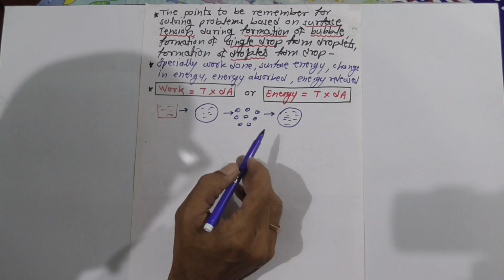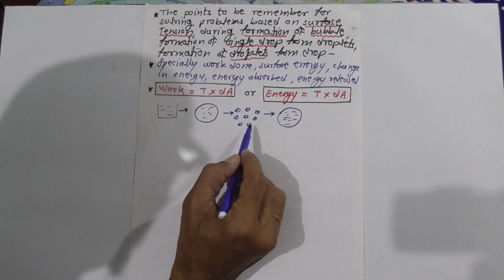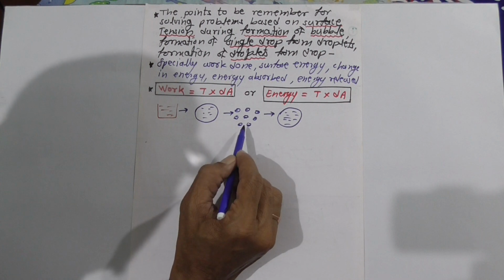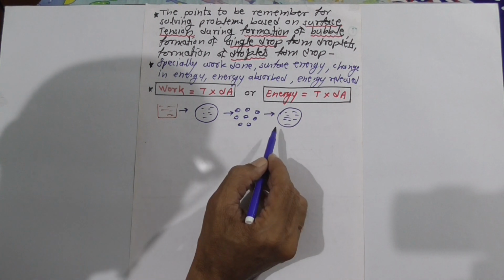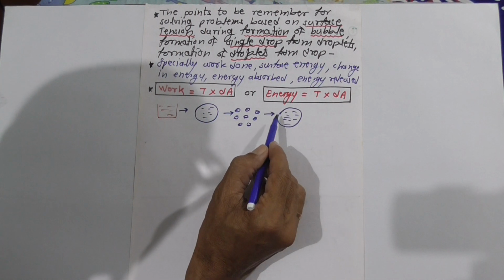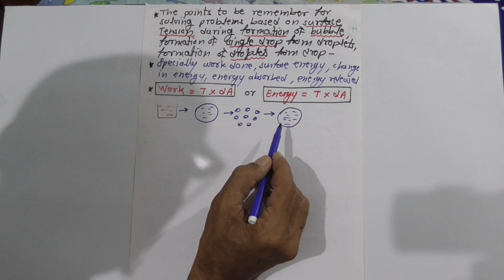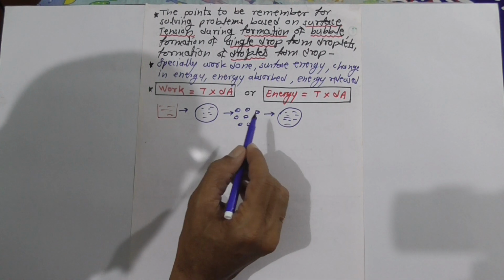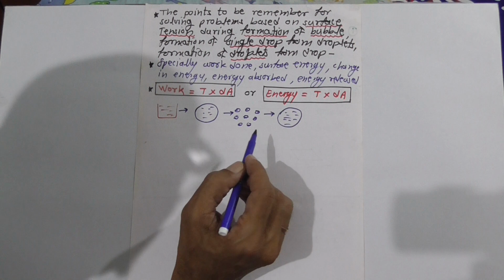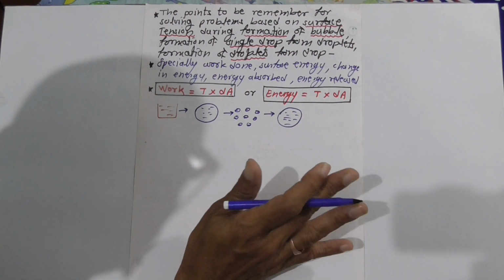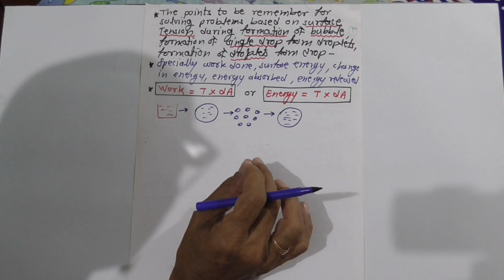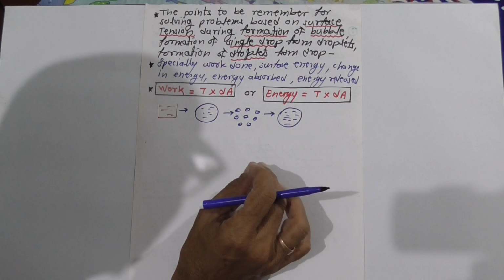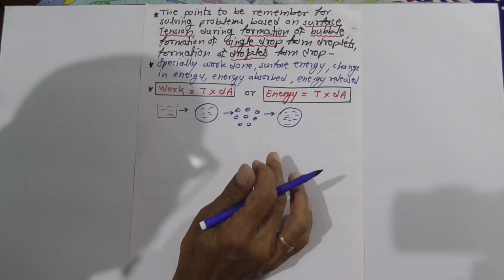This is because the total surface area of all these droplets gets decreased for the single drop. Whatever energy is required or released here corresponds to surface energy. This surface energy is related to surface tension.